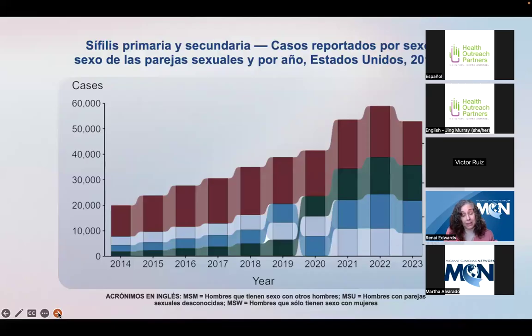For women, it increased 648%. So you see a whole chain reaction that happens as changes in epidemiology happen. Of note, if you look at the green bar on the bottom, for many years women were the smallest number of cases, and then in 2020 they moved to being second after men who have sex with men. Next slide.